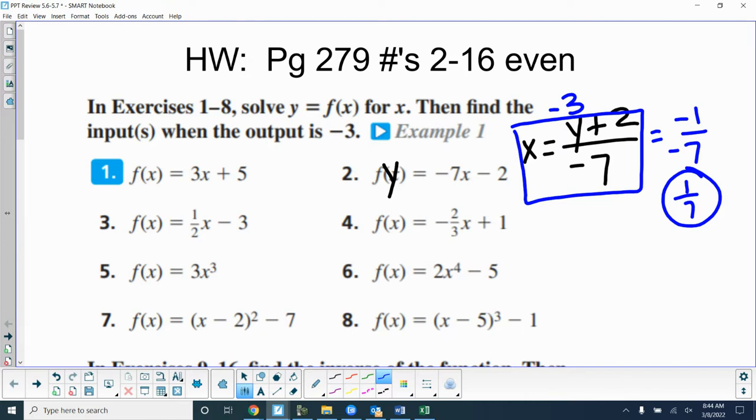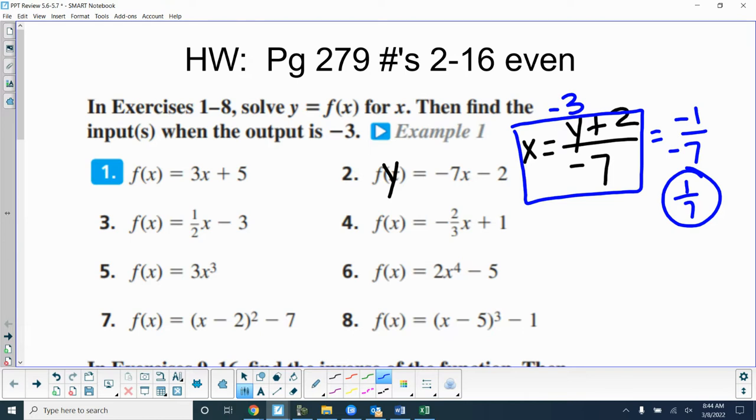Cole, what did you get for number 4? I got x equals 6. Yes. What was x equals fraction? Well, that was part of it. Where's your y at?